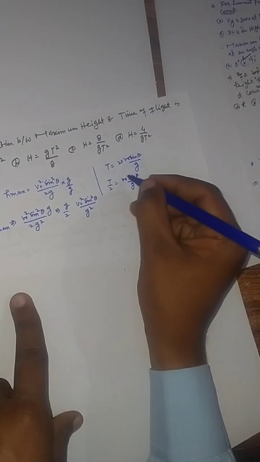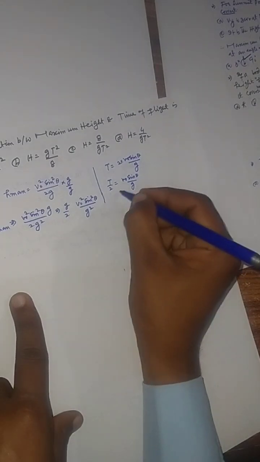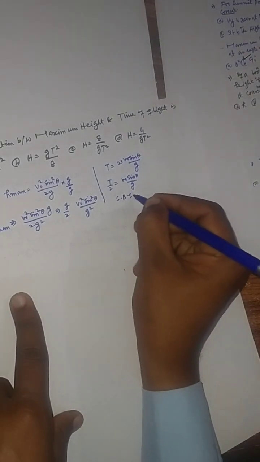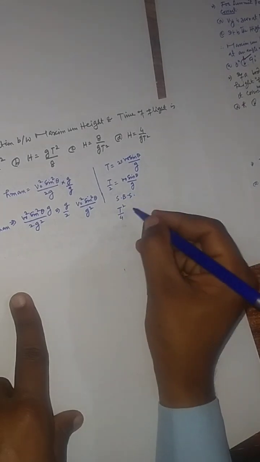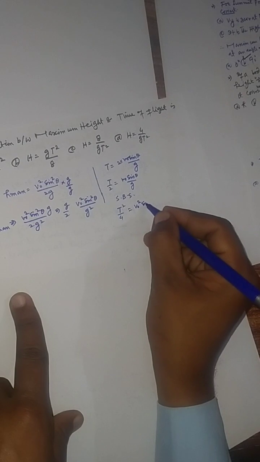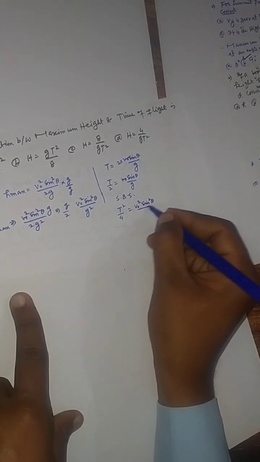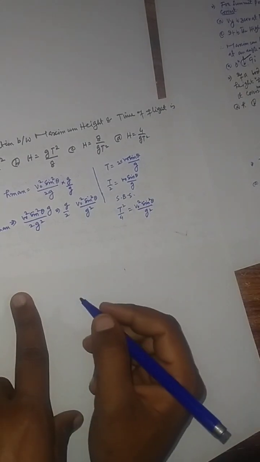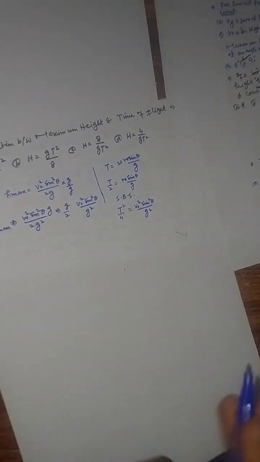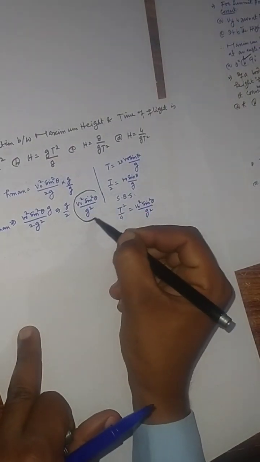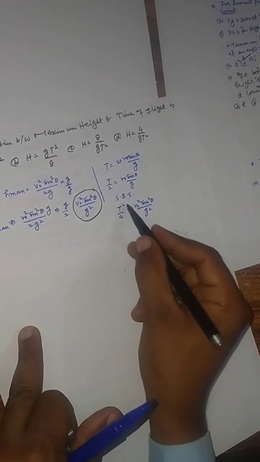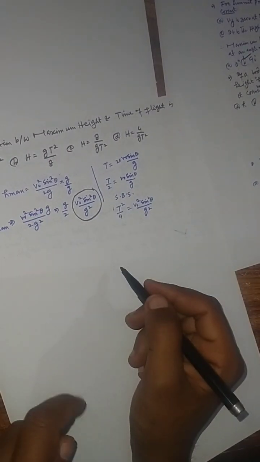By squaring, we will get t squared over 4, which equals v naught squared sine squared theta over g squared.